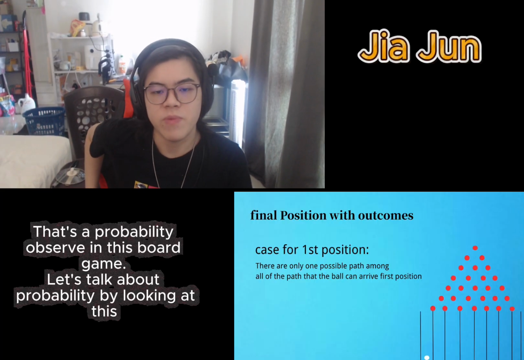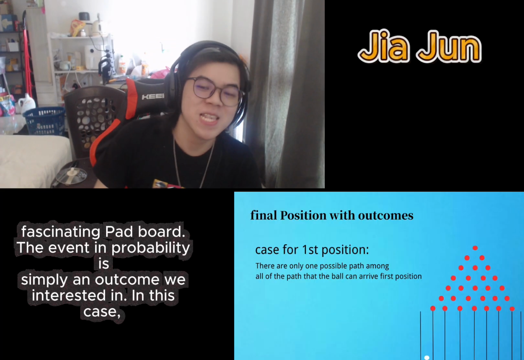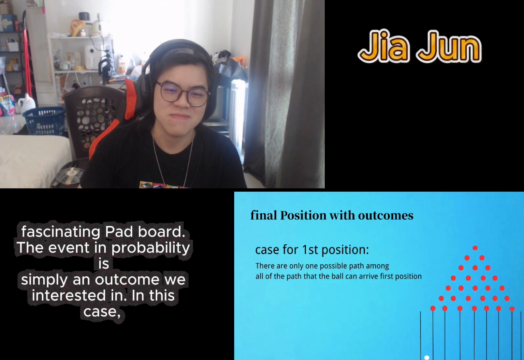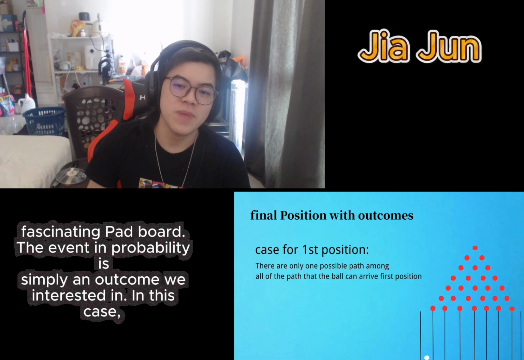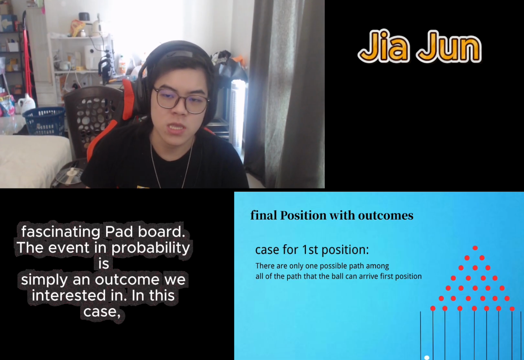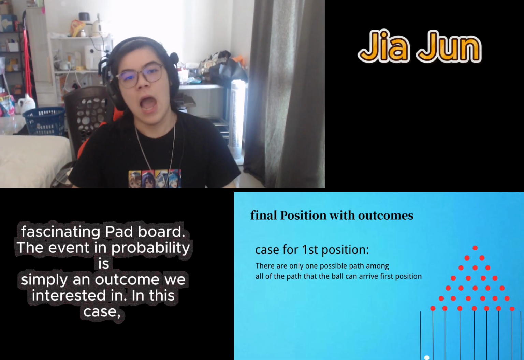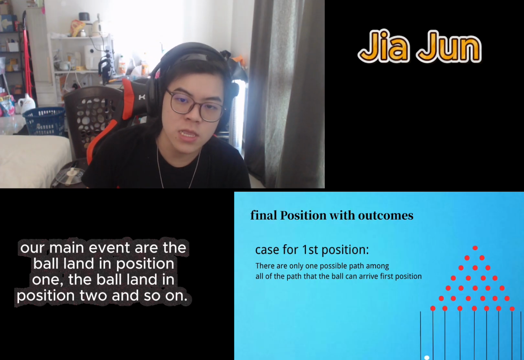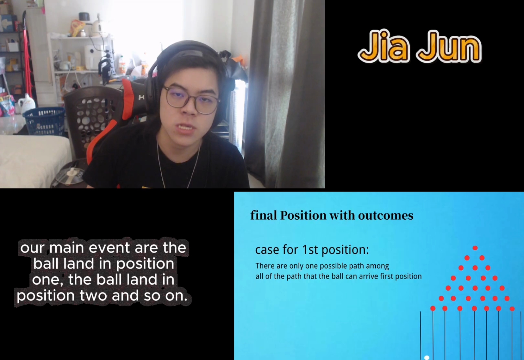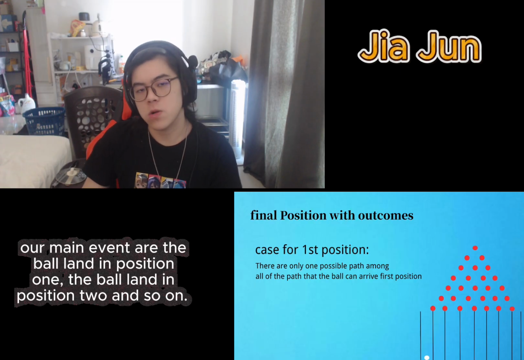Let's talk about probability by looking at this fascinating pegboard. The event in probability is simply an outcome we're interested in. In this case, our main events are the ball landing in position 1, the ball landing in position 2, and so on.